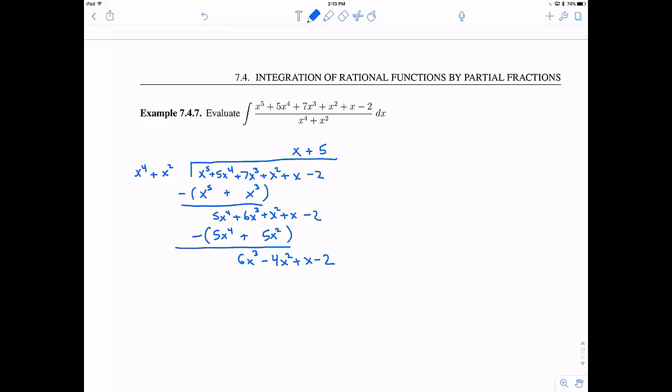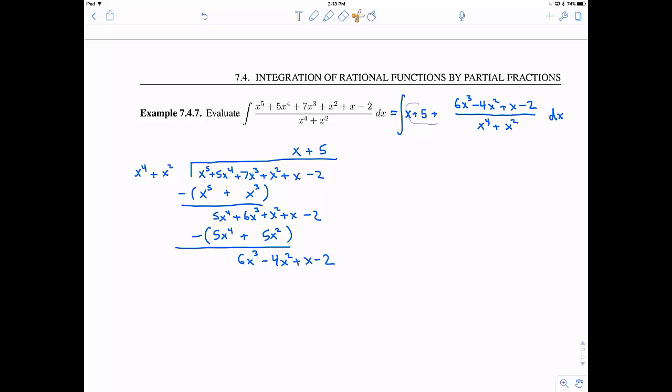And now I'm done, because this degree, this x cubed, is smaller than x to the 4th. So therefore, we can write this thing as x plus 5 plus the remainder, which is the 6x cubed minus 4x squared plus x minus 2 divided by the denominator, which is x to the 4th plus x squared, dx.